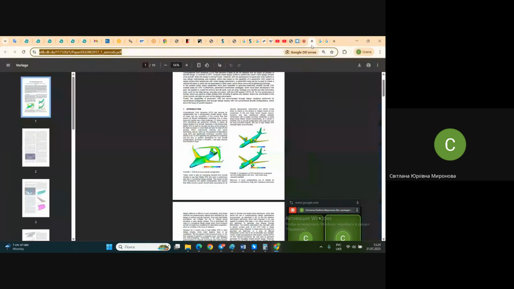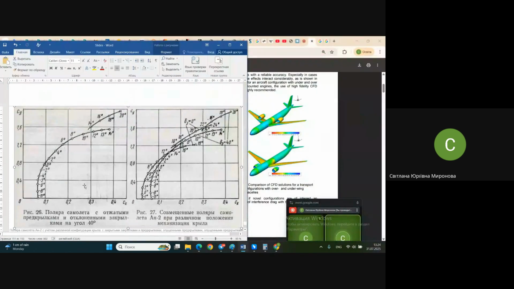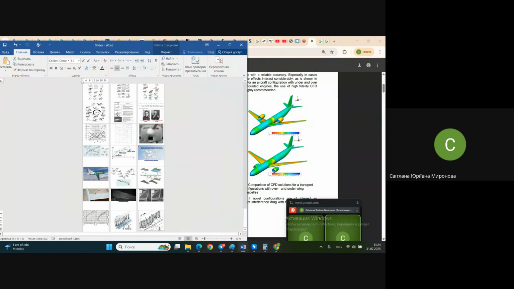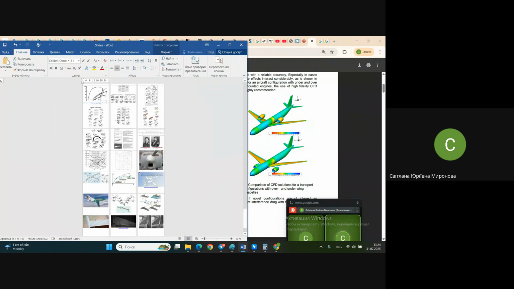If it's already made and chosen, you may check either a full scale model or, better, a scaled model, not full scale. You may check it in wind tunnels. That is also possible to see in our photos. Where are these photos?